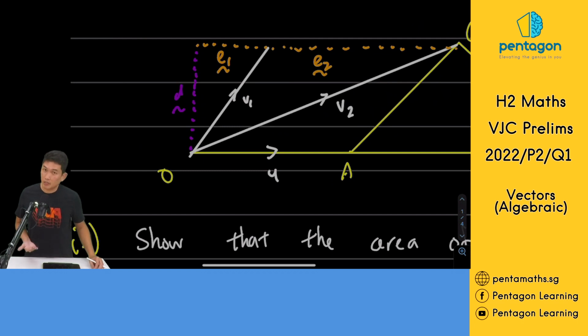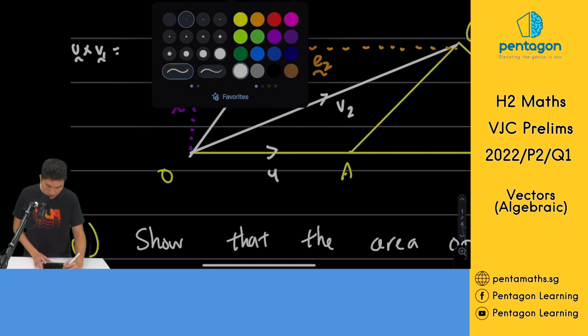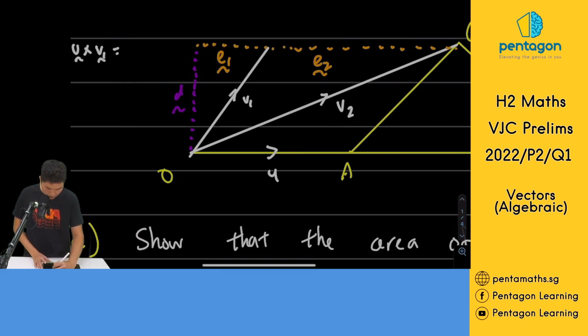From here, I think it's pretty clear why, when you do U cross V1 and U cross V2, they are the same. Because when you do U cross V1, this is what we just did in the other question. This is U cross D plus E1, and you can write it as U cross D plus U cross E1.